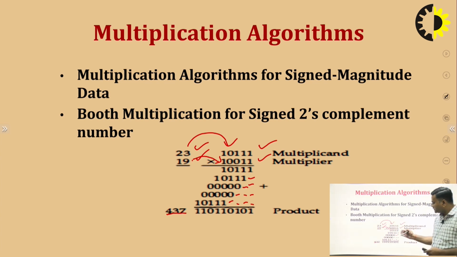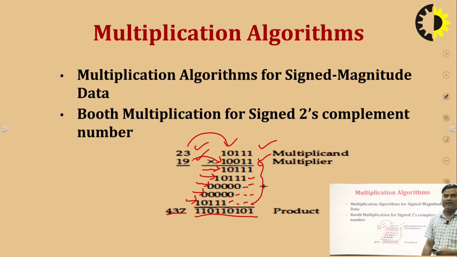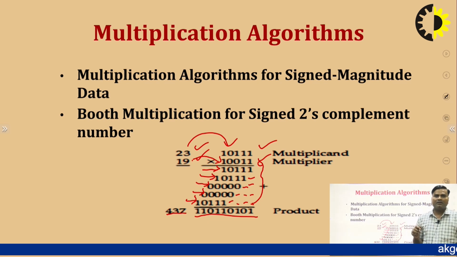After the shifting, in between we get the partial products like this, and at last we add all the partial products to form the final output. So we can say that for multiplication we use only two methods: first shifting and second addition.